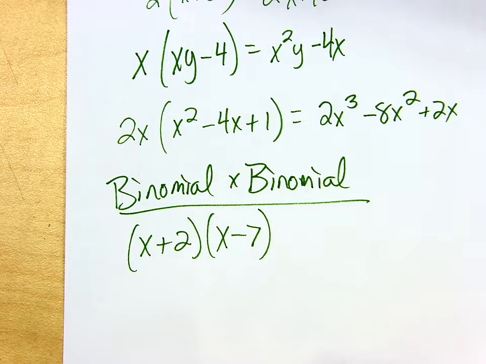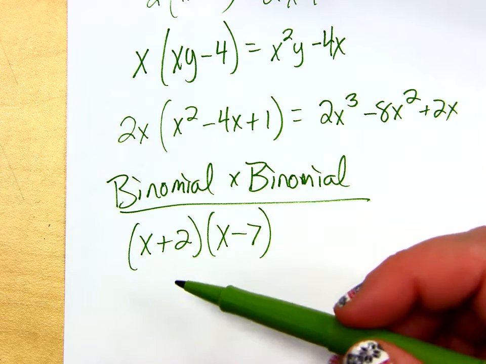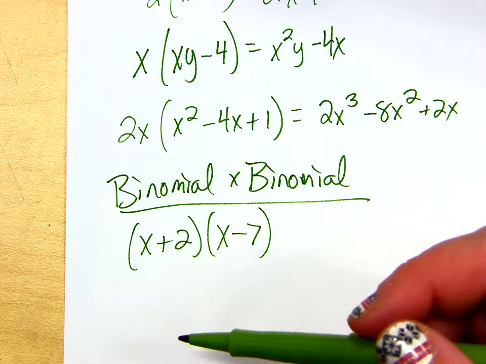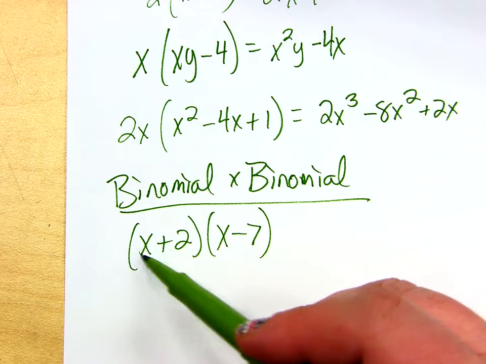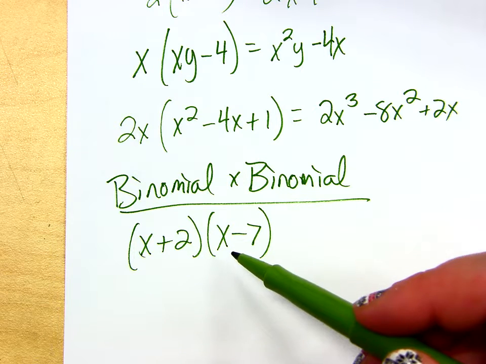Wouldn't it be like x squared plus 5x and then minus 14 or something? Yes. So here's how we do this. It's like you're doing double distributive property. I need to multiply this x by both of these things and this 2 by both of these things.